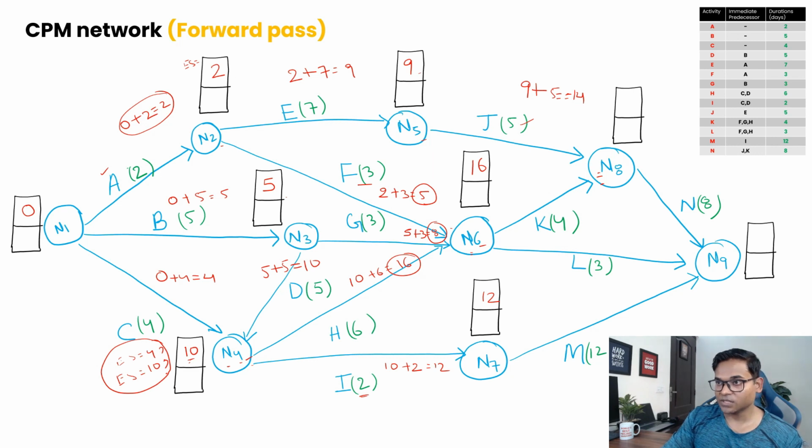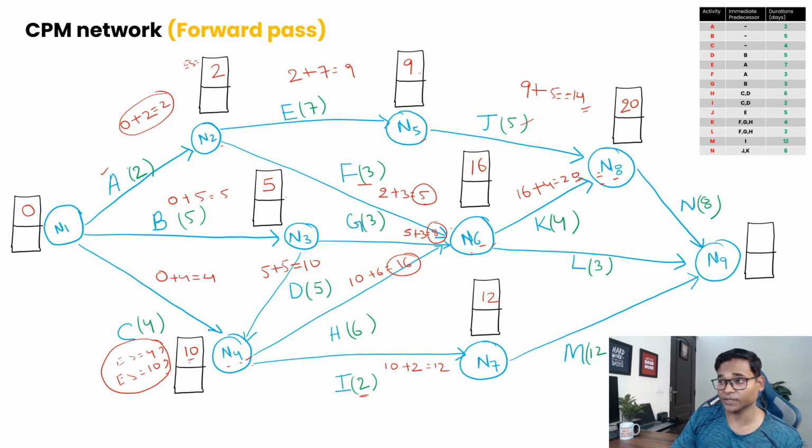Now if you follow the path N6 to N8, remember we have calculated the early start is 16, so 16 plus 4, that's 20. Out of 14 and 20, the max is 20, so 20 is your early start here.